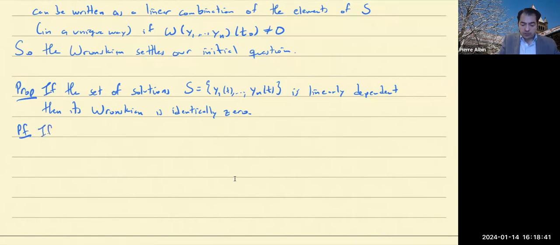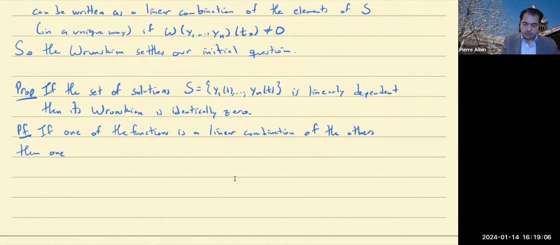So the thing to notice is that if one of the functions is a linear combination of the others, then one of the columns in the matrix we're interested in is a linear combination of the other columns.